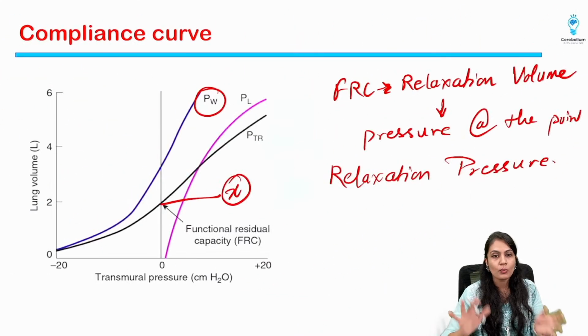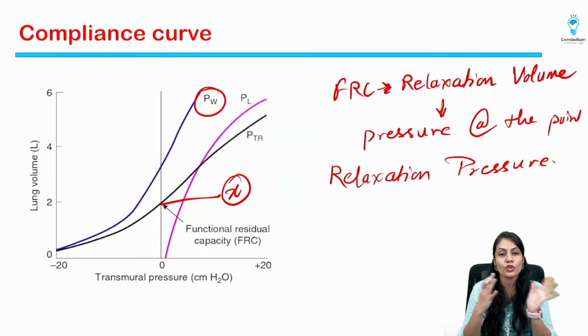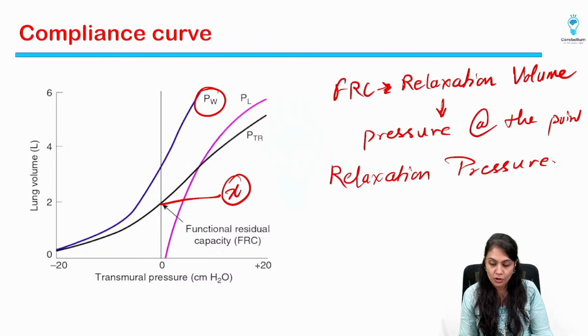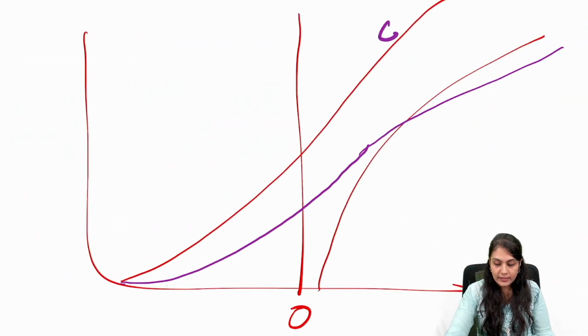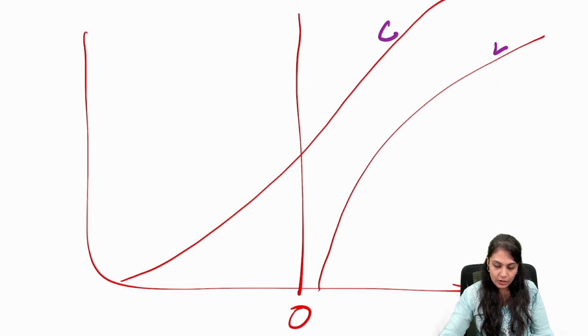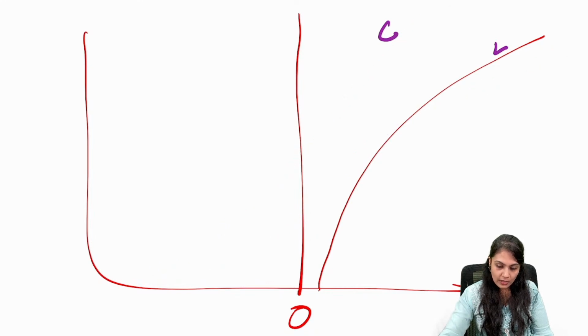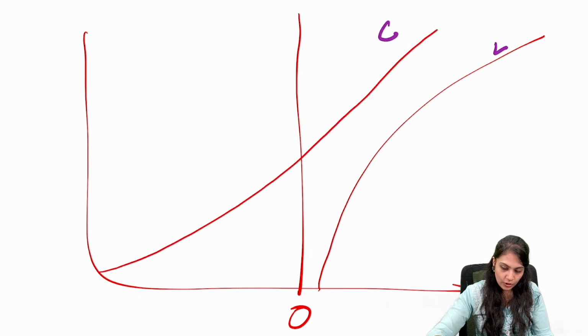Now, how to remember which one of these is the chest wall pressure, the lung pressure, or the transrespiratory pressure? See, a very simple mnemonic: C comes first and then comes the L. So C is going to be the first one, and we know that the average is going to be in the middle, right? Average won't change, so I'll just change this graph a little bit because the average will change accordingly.